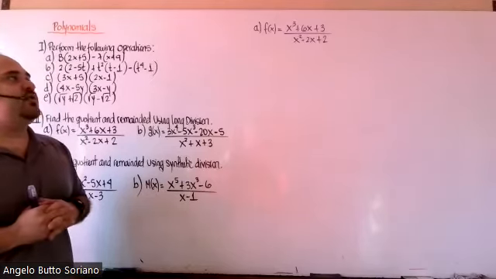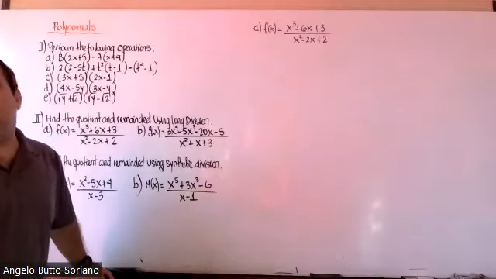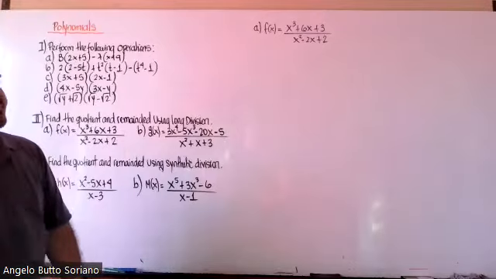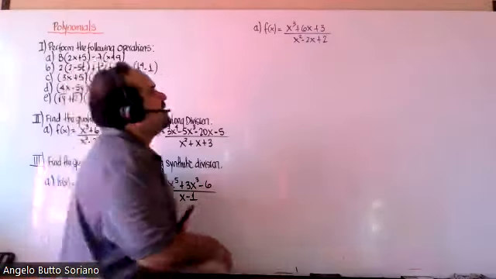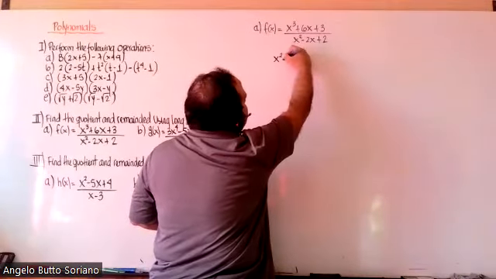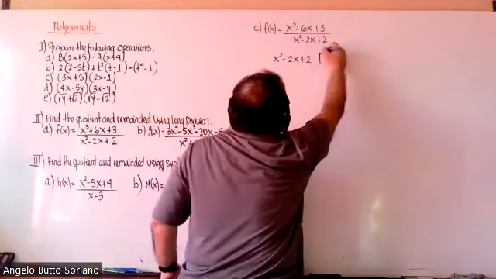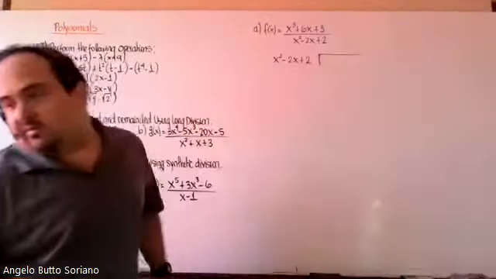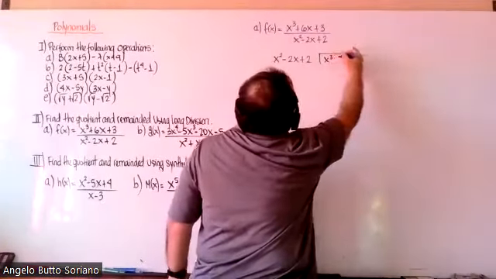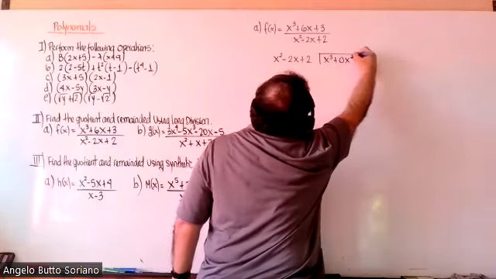And how are we going to complete this numerator's canonical order? Adding zeros with the variable. So let's start with the division of these polynomials. Remember, the denominator will be located outside: x squared minus 2x plus 2 will be dividing the expression x cubed, and because we are missing x squared, I'm going to add 0x squared.